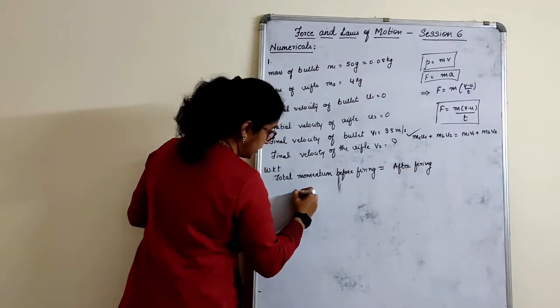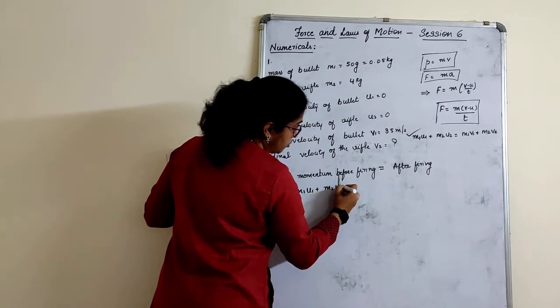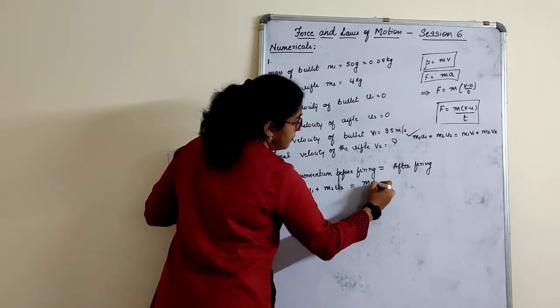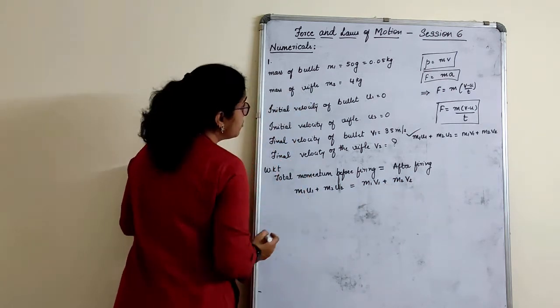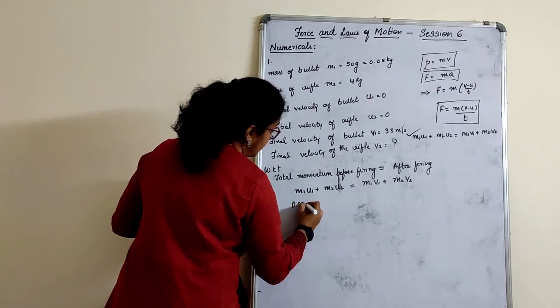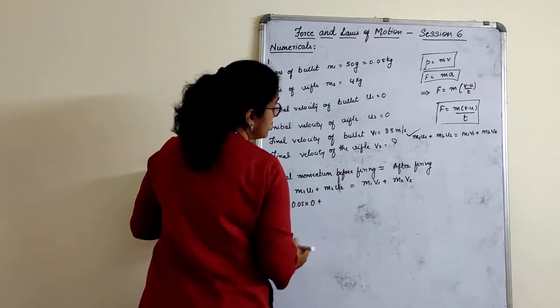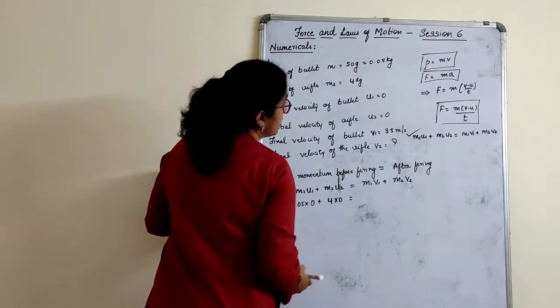Write the formula: before firing is m1 u1 plus m2 u2, and after firing is m1 v1 plus m2 v2. So what is mass? First we will write 0.05 into 0 plus m2, which is 4, into 0. What is m1?